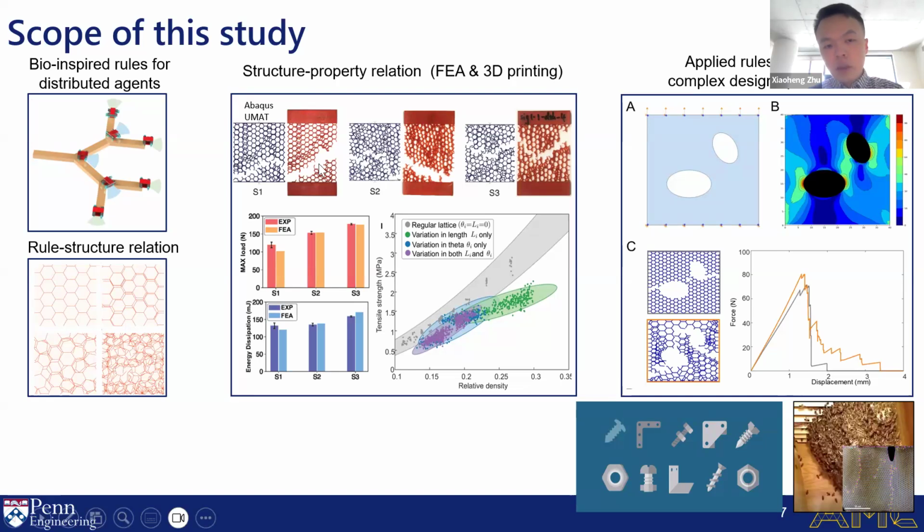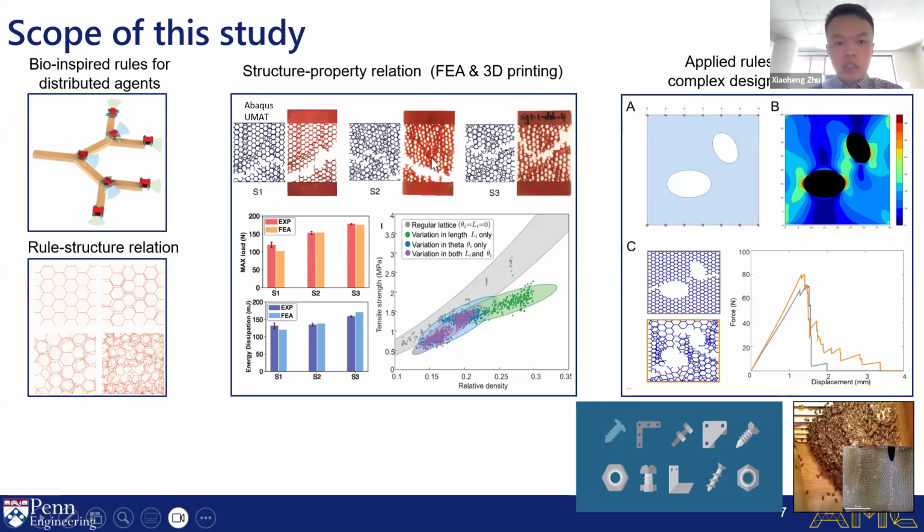So you can see that with our calibration, the crack propagation is very similar between the simulations and our experiments. So in that case, with the calibrated finite elements model, we can extract the energy dissipation and also extract the strength, the maximum loading, through the finite elements.